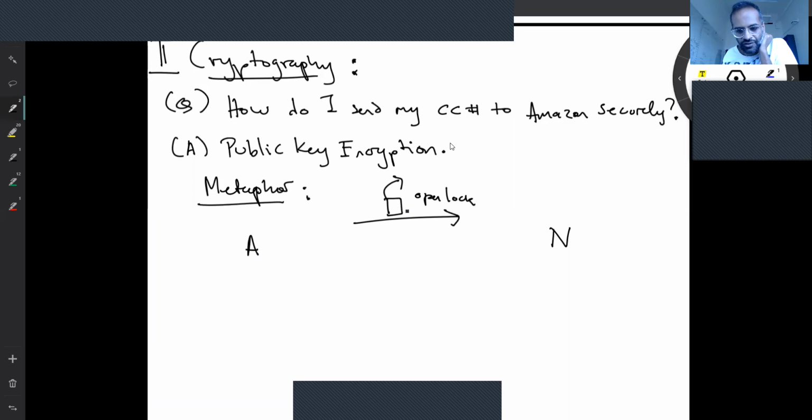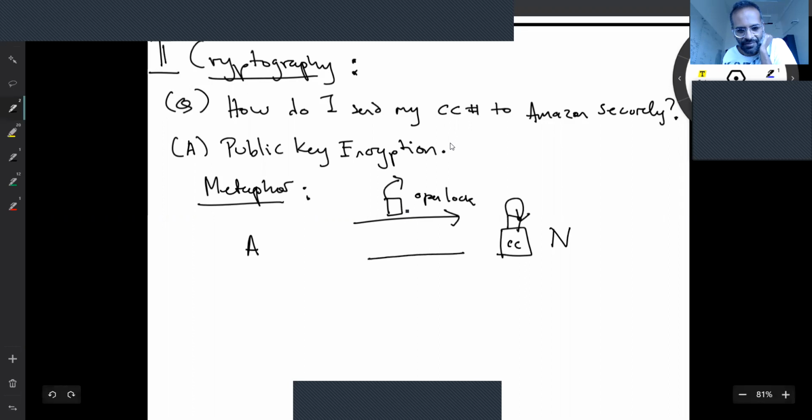Well, then what I do is I take my credit card number, I put it inside a box, and then I use this open lock to lock the box. Okay, it's a terrible picture. You can see that my drawing skills are really bad.